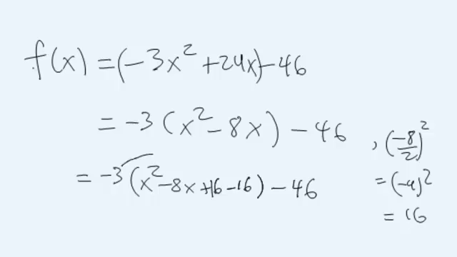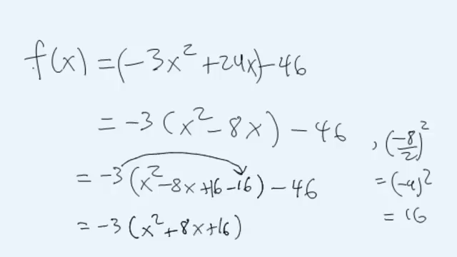The negative 3 is supposed to be multiplying every single term inside the parentheses, and if I just removed it, it wouldn't be correct. So we multiply by negative 3 first, and we're left with negative 3 times x squared minus 8x plus 16. Negative 3 times negative 16 is positive 48, minus 46.